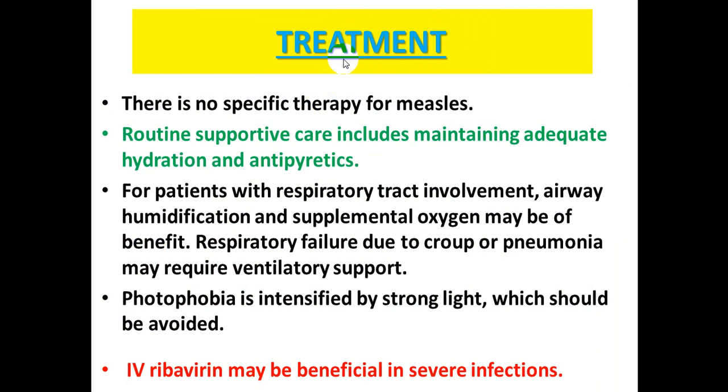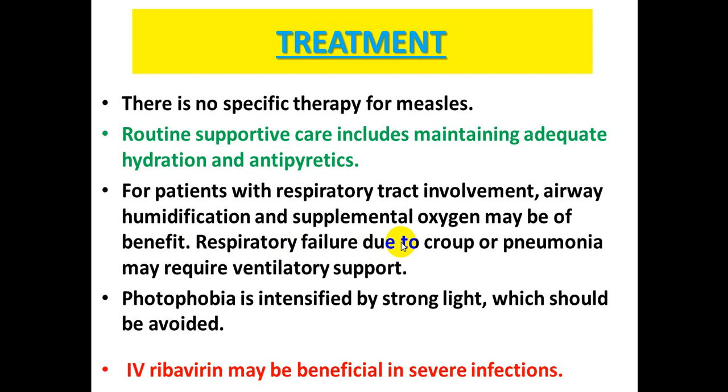Treatment of measles. As I said, measles is a viral disease, so there is no specific treatment for the measles. Routine supportive care, including maintaining adequate hydration and antibiotic required. For patients with the respiratory tract involvement, airway humidification and supplemental oxygen may be of benefit.